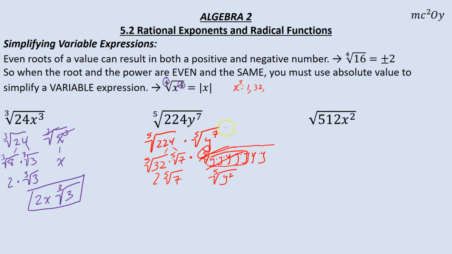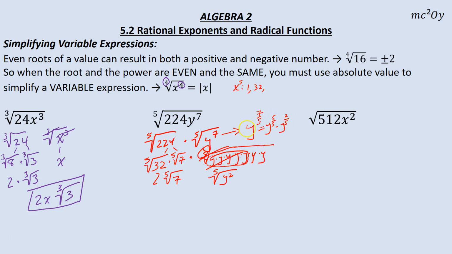Okay. The other way to think about it, if you think of exponents, you could say the fifth root of y to the 7th is the same as y to the 7/5 power. And the 7/5 power can be broken into y to the 5 over 5 times y to the 2 over 5, right?